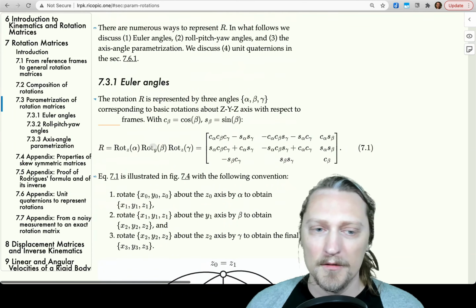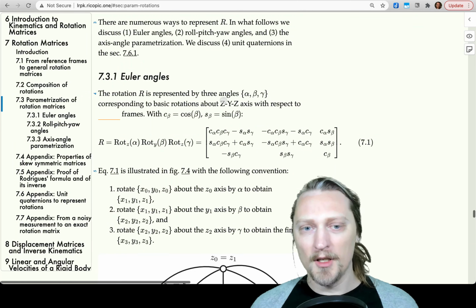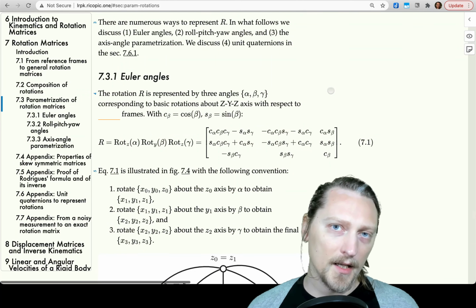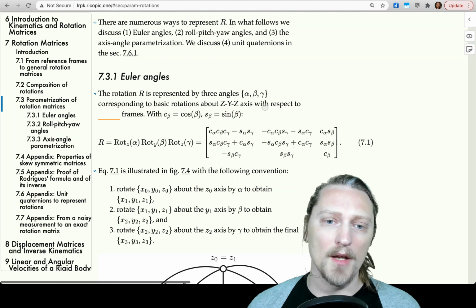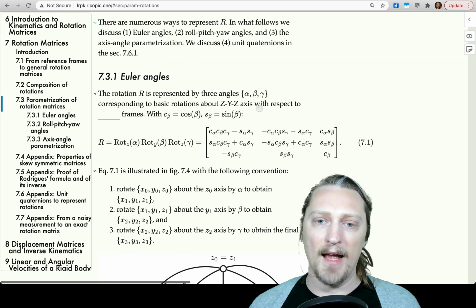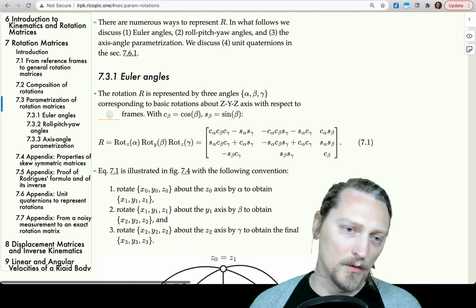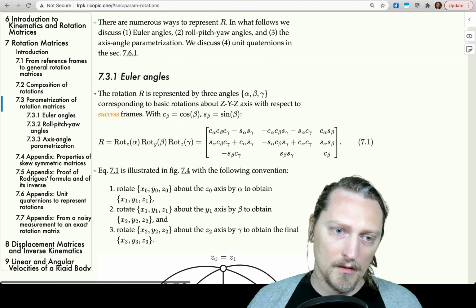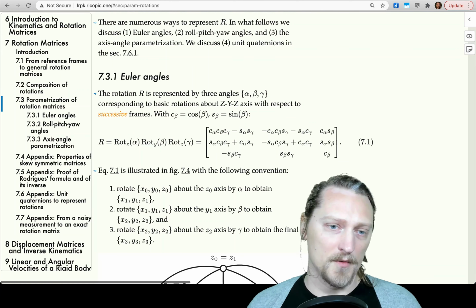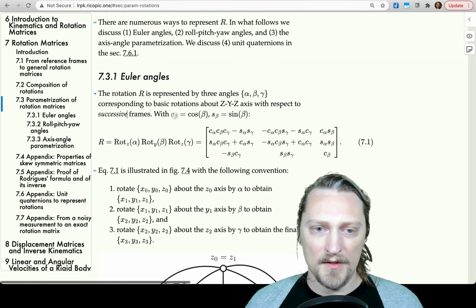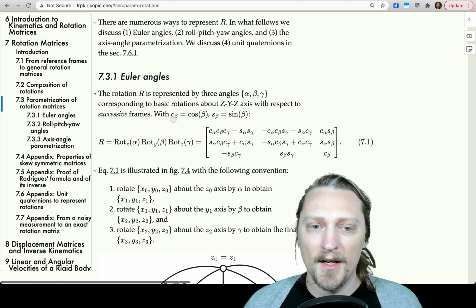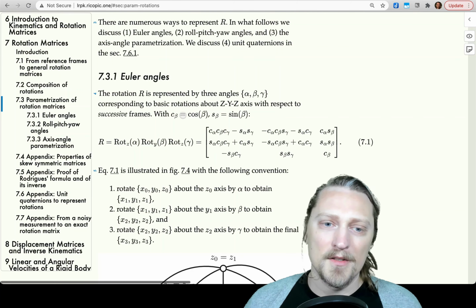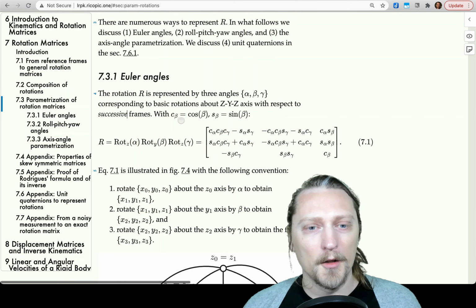Euler angles. The rotation R is represented by 3 angles, alpha, beta, and gamma, corresponding to basic rotations about the z, y, z axis with respect to successive or body frames. We're going to use cosine and sine abbreviated as C and S, subscripted by the angle of their argument.